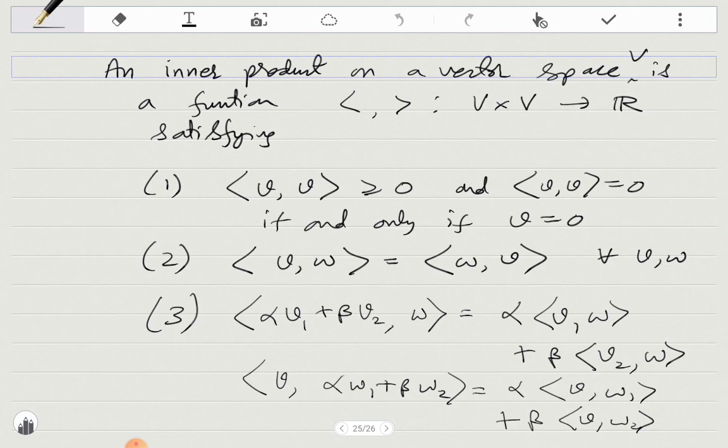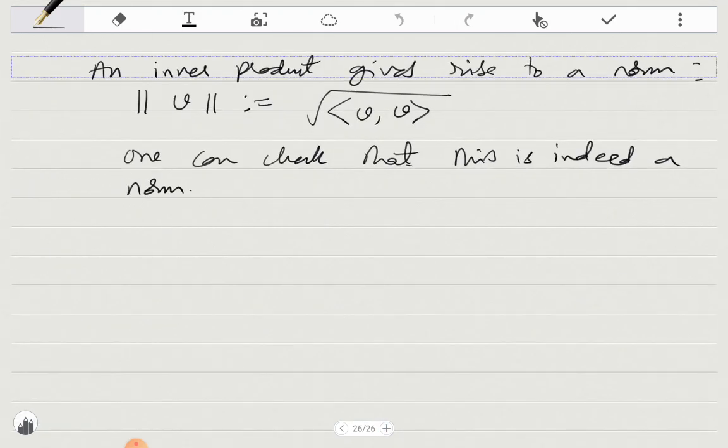But that combined with properties 3 and 2, one can in fact prove the triangle inequality for the norm defined like this. So that's a small exercise, but that does require a proof.